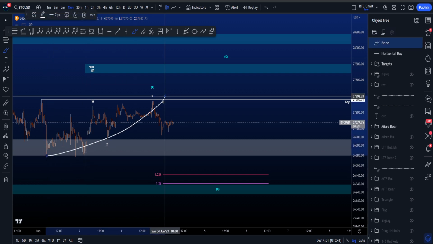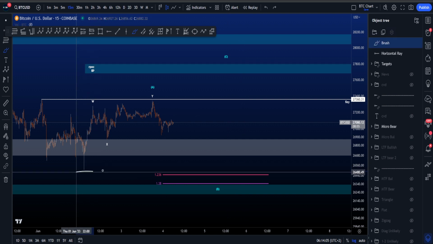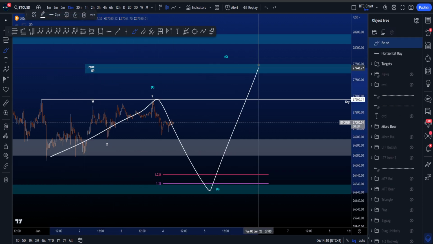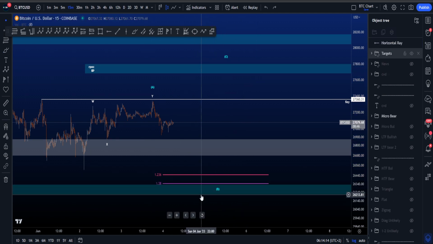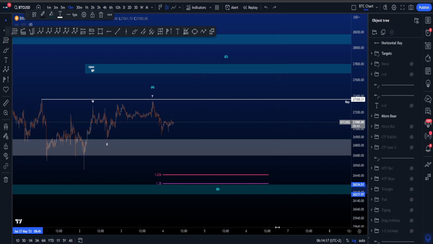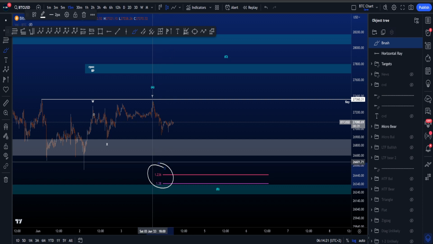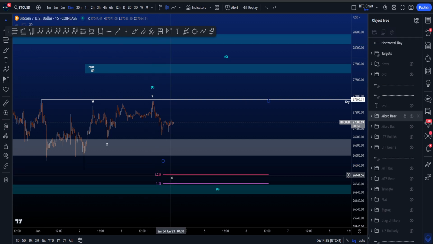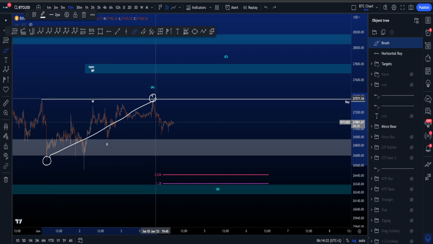So you then have a wave A followed by a 3-wave corrective structure in a B, where in this scenario, in order to take the low, you could think about an expanding flat, which is then a 3, 3, 5-wave move, where we also test the support area that we have below price at the moment between 26.2k and 26.3k, with the most common target area for wave B being the 1.236 and the 1.38, sitting between 26.4k and 26.3k, which is taken from this low over here to then the high of this wave A.